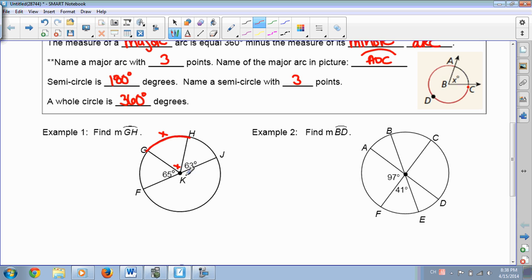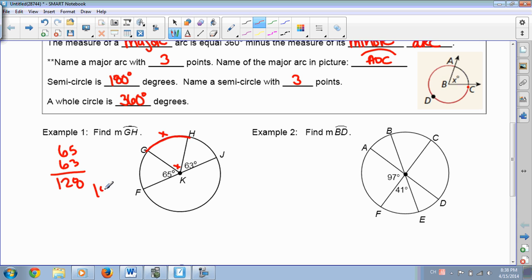Okay, well, we can find out what this angle is here because this is a straight line and it goes through K, so it's our diameter. From F to J is a diameter. That means that all of these angles put together have to equal 180 degrees. So if we add the 65 and the 63 together, we get 128.